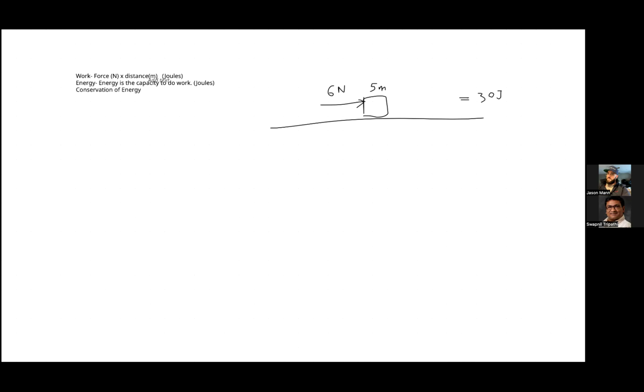So remember the difference between distance and displacement. This is A, this is B. The total length along this curved path is the distance, but the straight line path between the initial position and final position is the displacement. This is displacement.